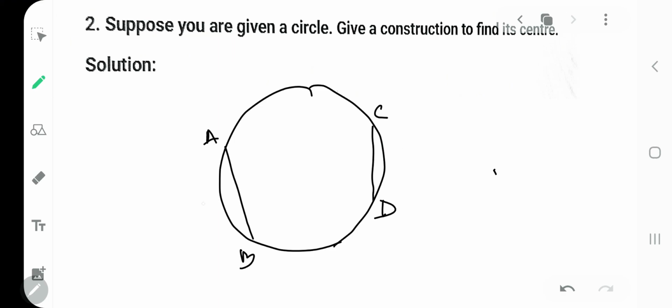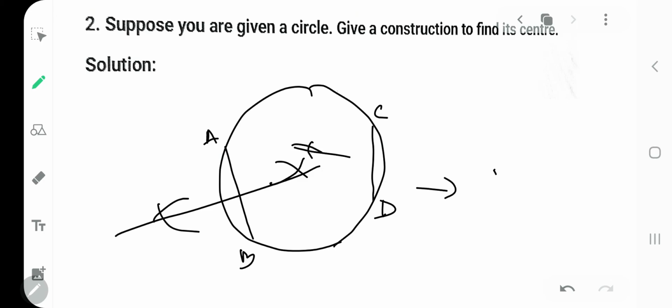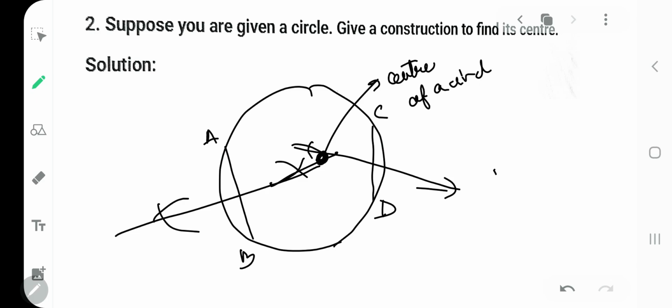And I'll take a perpendicular bisector of AB. And similarly, I will also take a perpendicular bisector of CD. And wherever these two perpendicular bisectors of AB and CD intersect, that point will be called as center of a circle. Got my point clear?